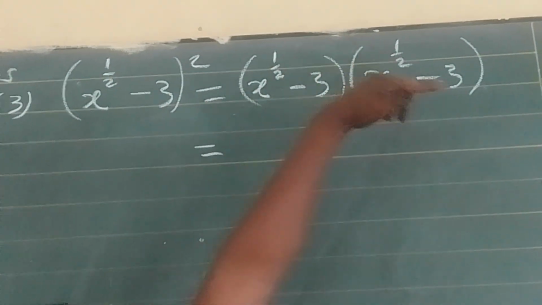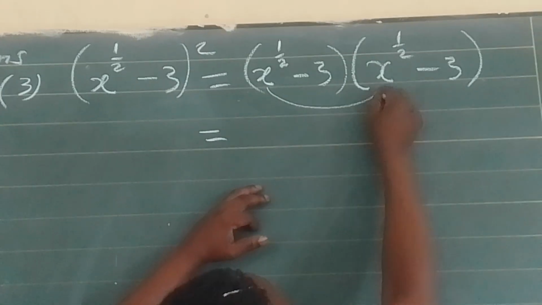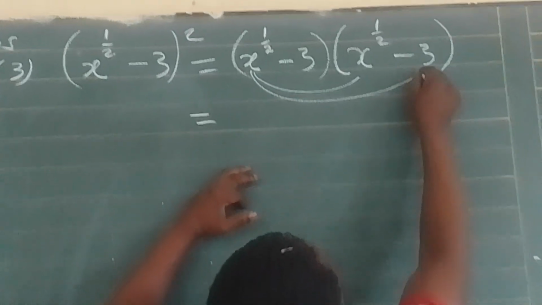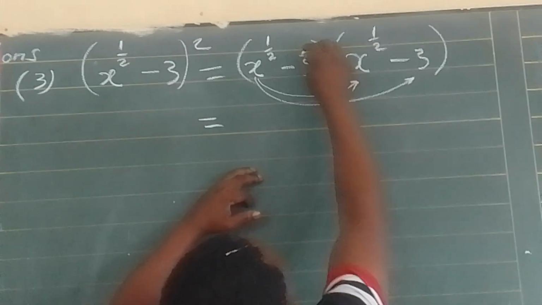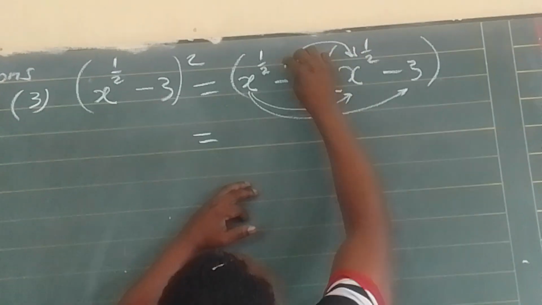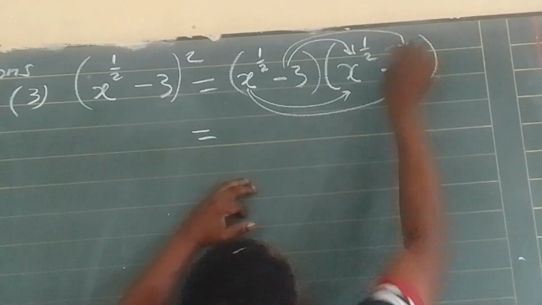Then we start to distribute. This one goes there and this one goes there.